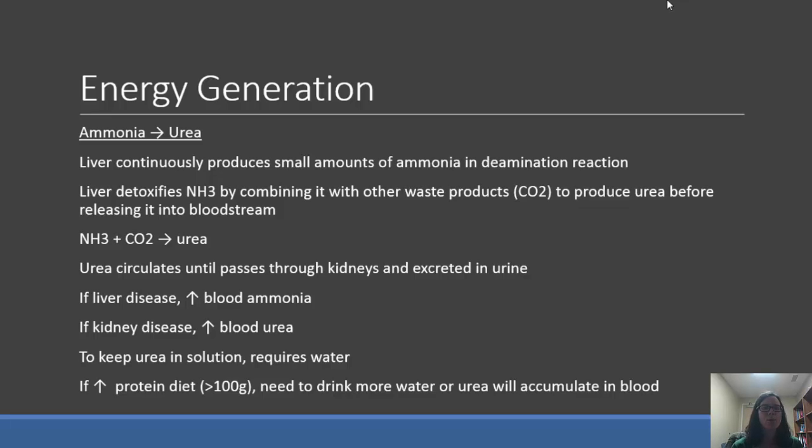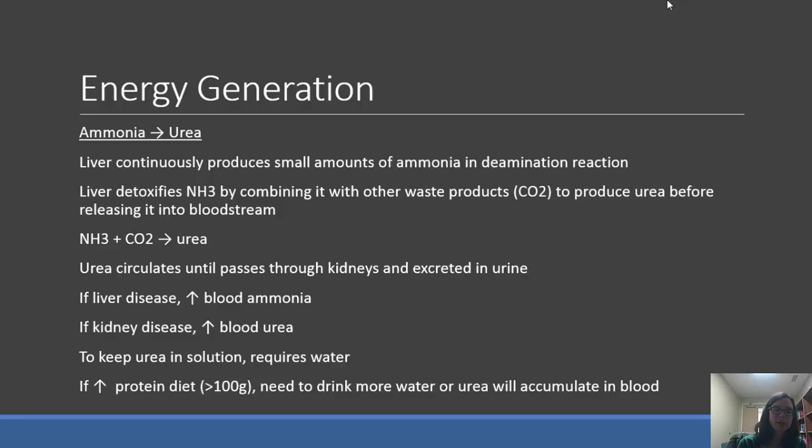And really, these ammonia groups that are formed when we take these amino groups off of the amino acid are toxic. So the liver detoxifies the ammonium group by combining it with carbon dioxide to produce urea, and then it's entered into the bloodstream. And the urea circulates until it passes through the kidneys. At that point, it's excreted in the urine.